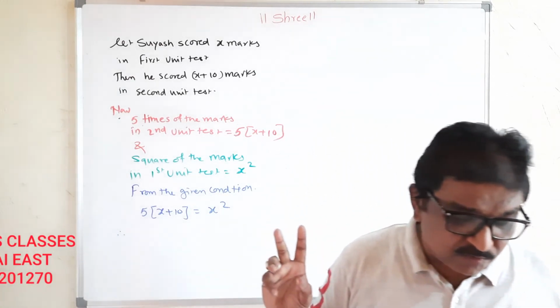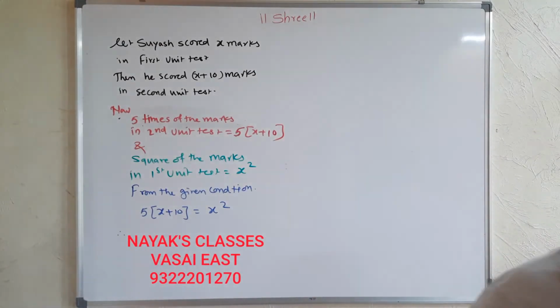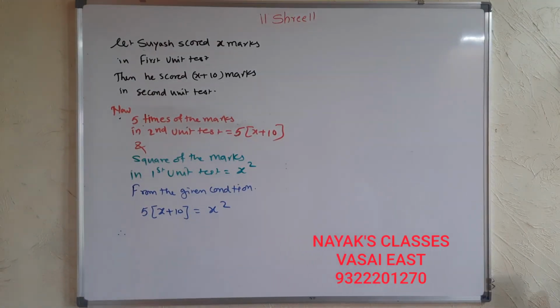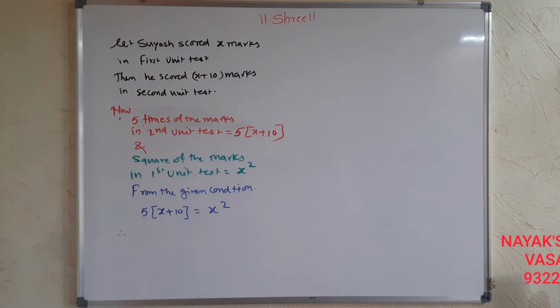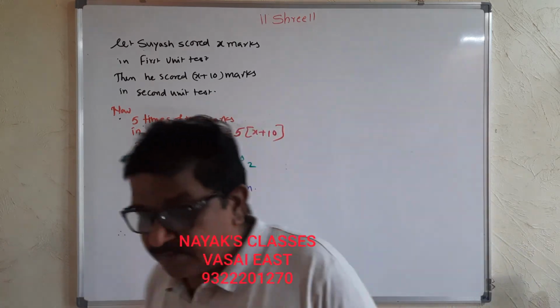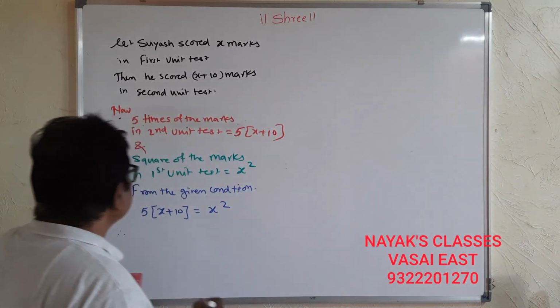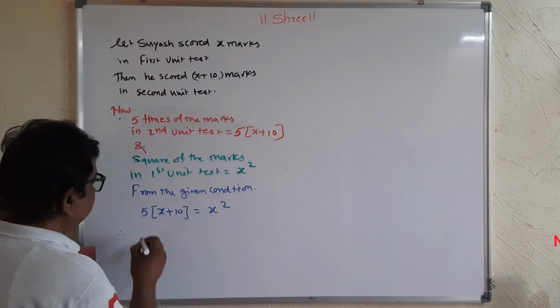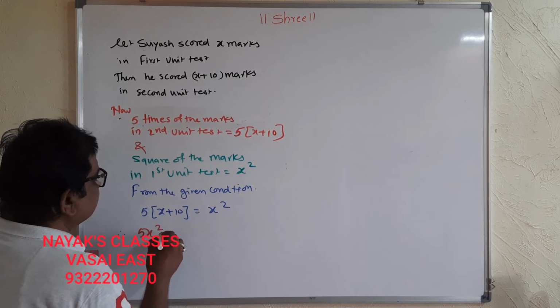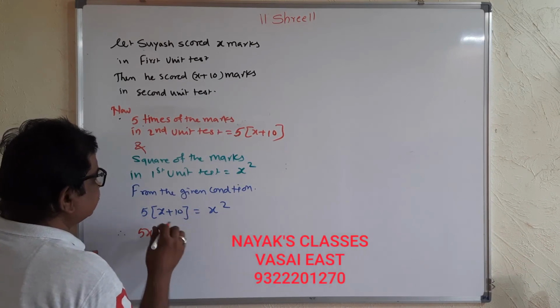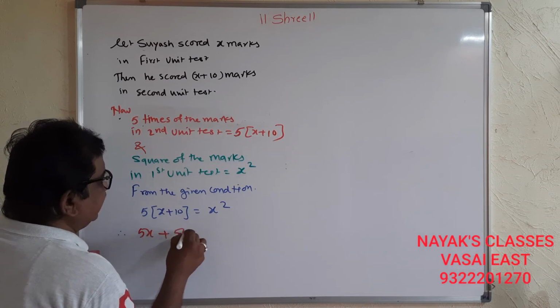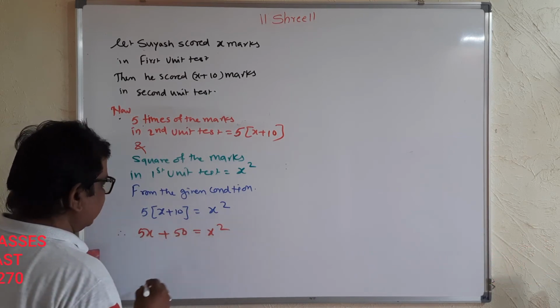So what to do now? We have to simplify this. So it will be 5x plus 50 is equal to x square.